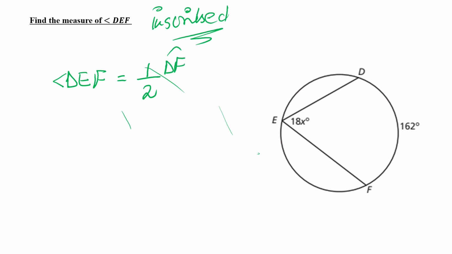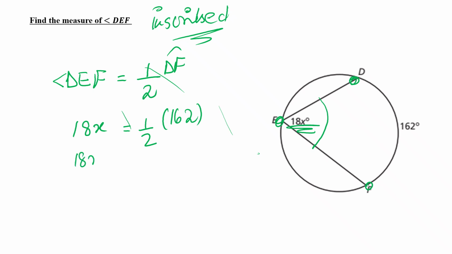Once we set up the rule, angle DEF we know is written as 18x, this one. This is angle DEF. It is equal to 18x and it is equal to half of DF. That means half of 162.